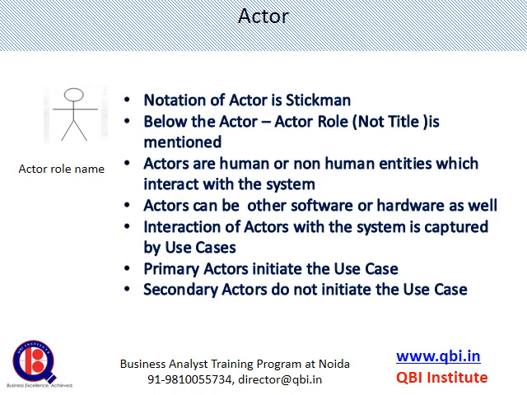Actors are human or non-human entities which interact with the system or subsystem in question. So you see, actors can be other pieces of software or hardware which interact with our system. Interaction of actors with the system is captured by use cases. So you see, actors carry out certain goals with the system.